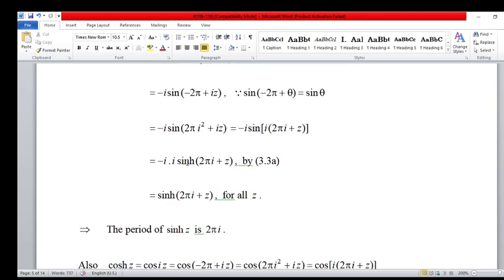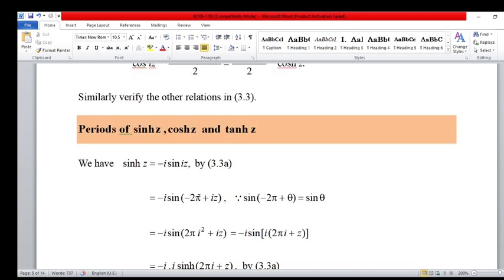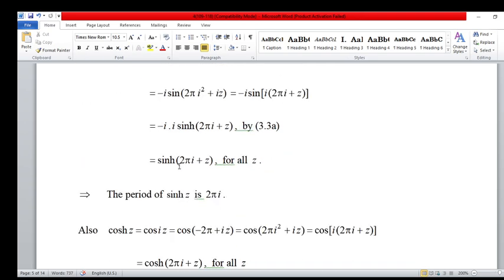This is the complex angle, so this is 2 pi i plus z, and i into i square means minus 1, minus plus, so this is sin of twice pi i plus z, and this is equal to sin theta, sin hyperbolic z.